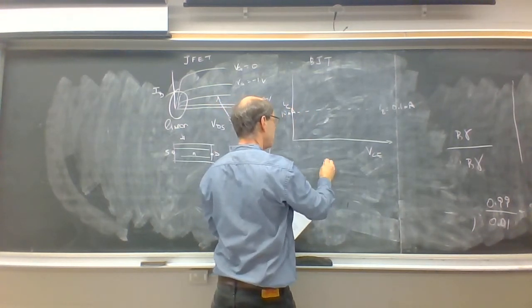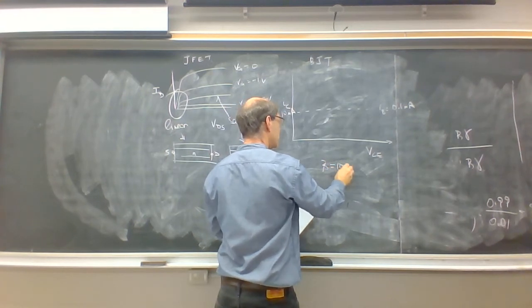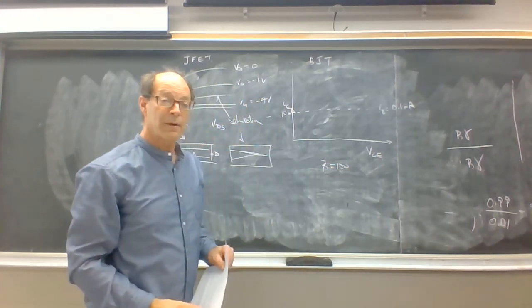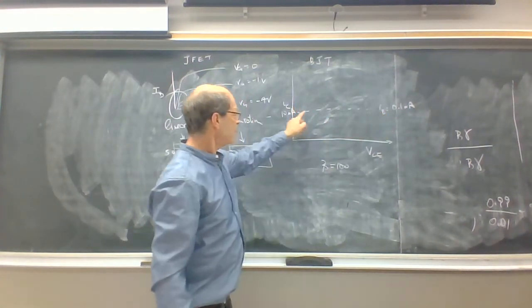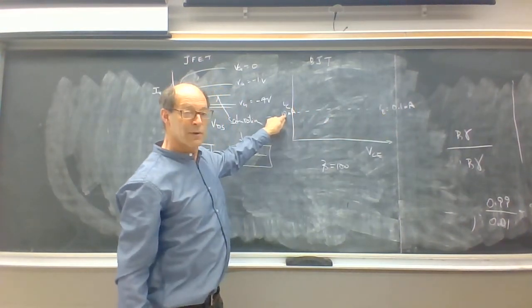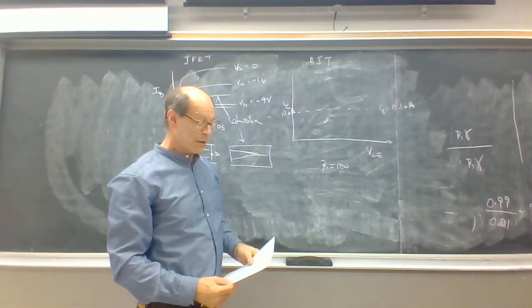So this is for beta equal to 100. The 0.1 milliamp base current should give rise to about 10 milliamps of collector current.